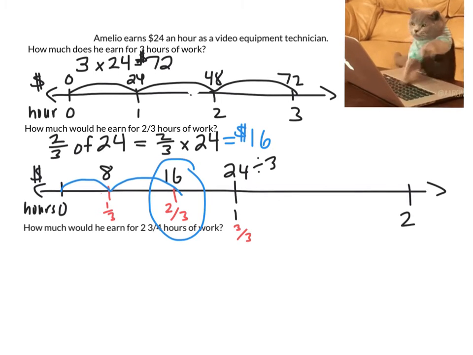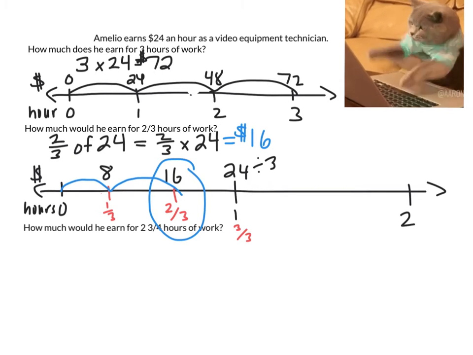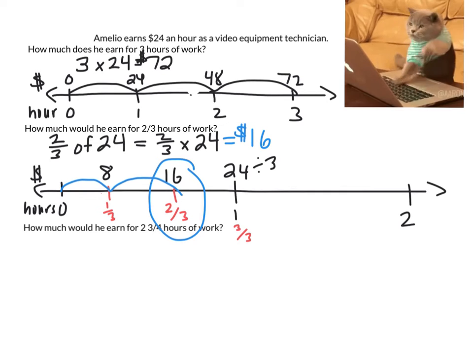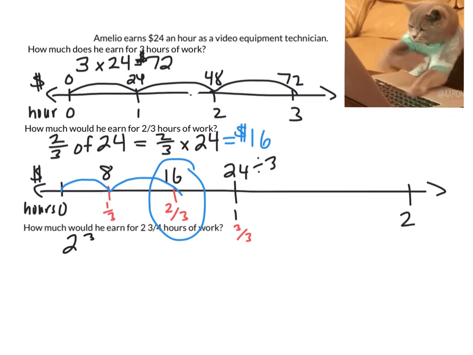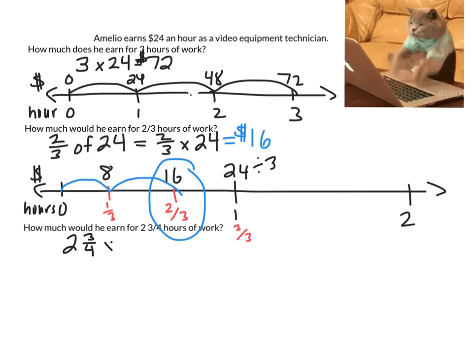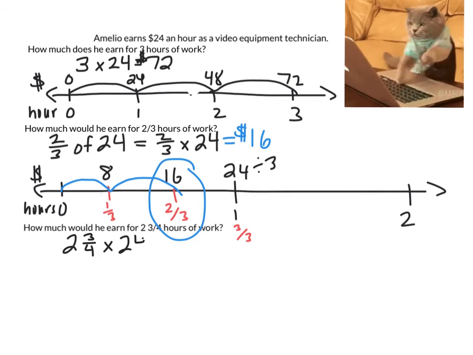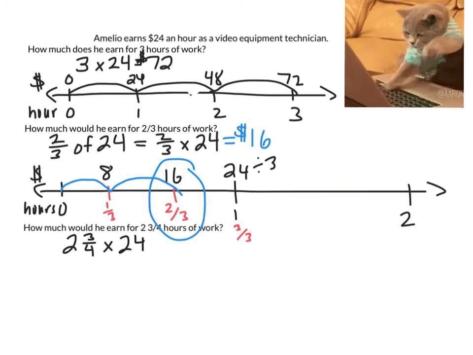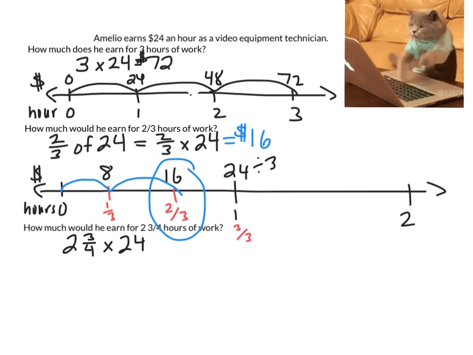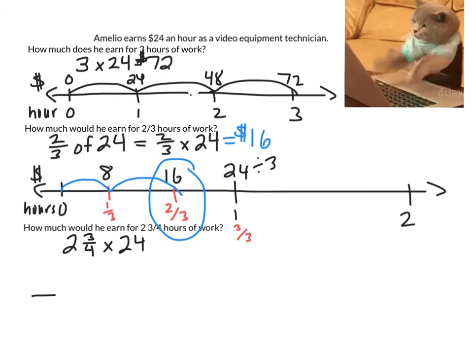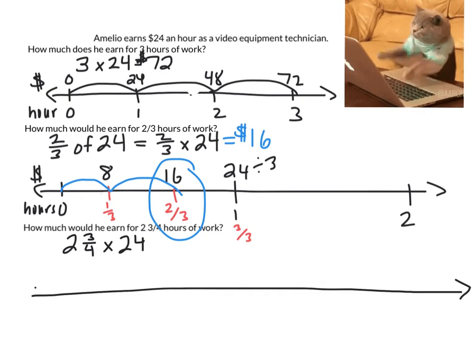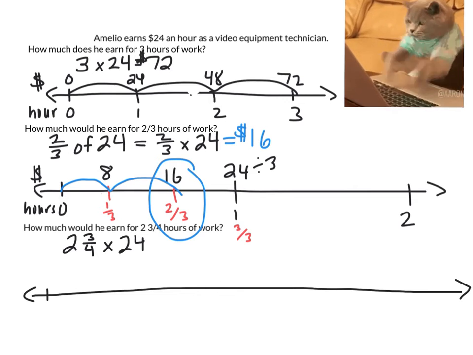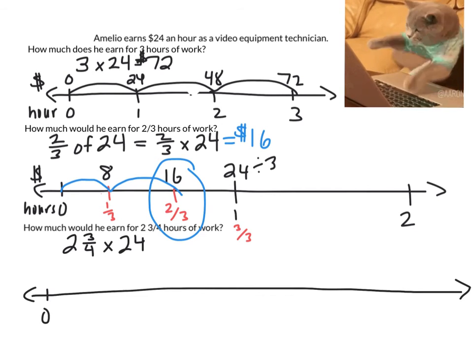So here as we're looking at this one, we want to find out what 2 3/4 times the $24 an hour is going to be. I'm going to continue to use the number line since that's the strategy that we're focused on. Once again, I'm going to put hours on the bottom and pay on the top.